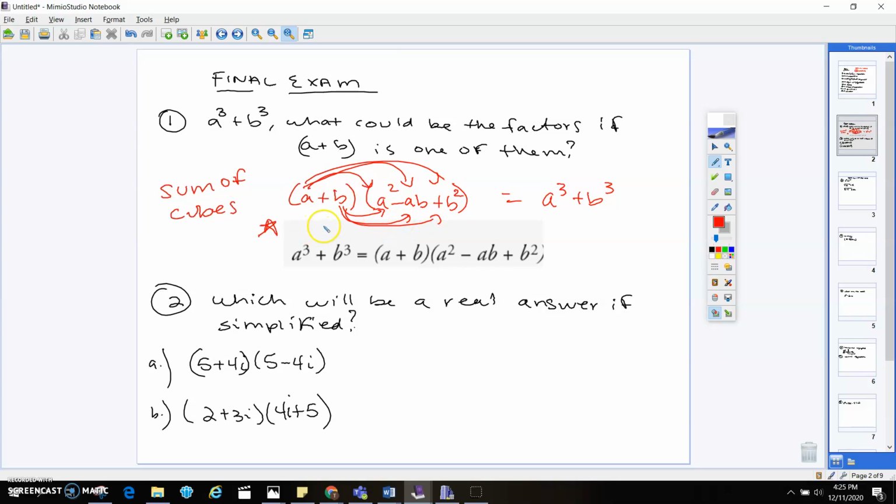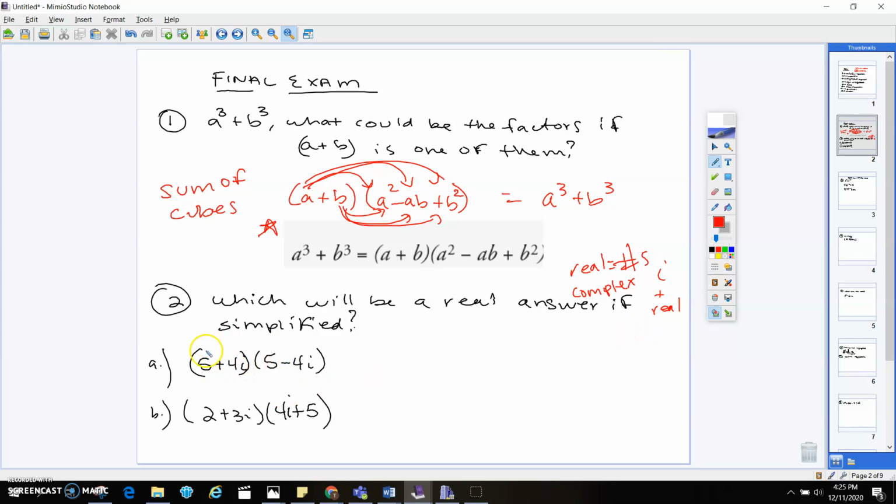Okay, cool. On number 2, it says which will be a real answer if simplified. Remember, real answers are number answers. Complex or imaginary answers are going to have an i and a real part, or they're going to have an i only, and that'll be an imaginary number.